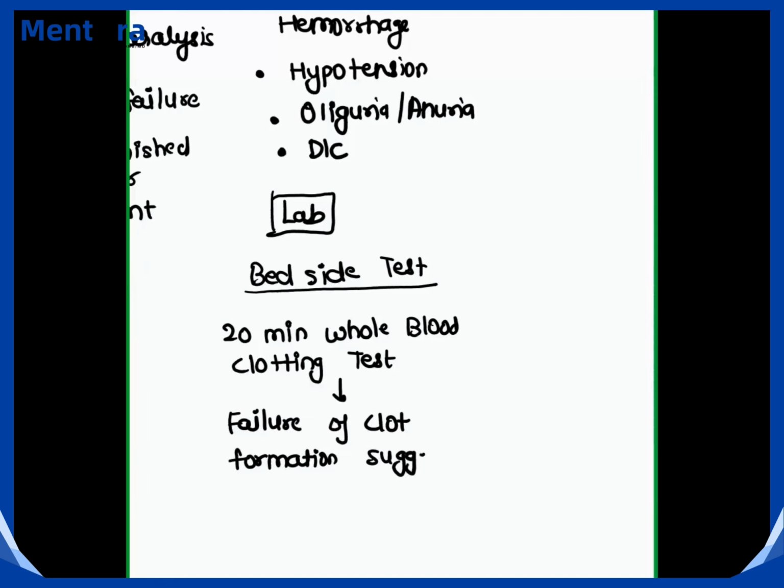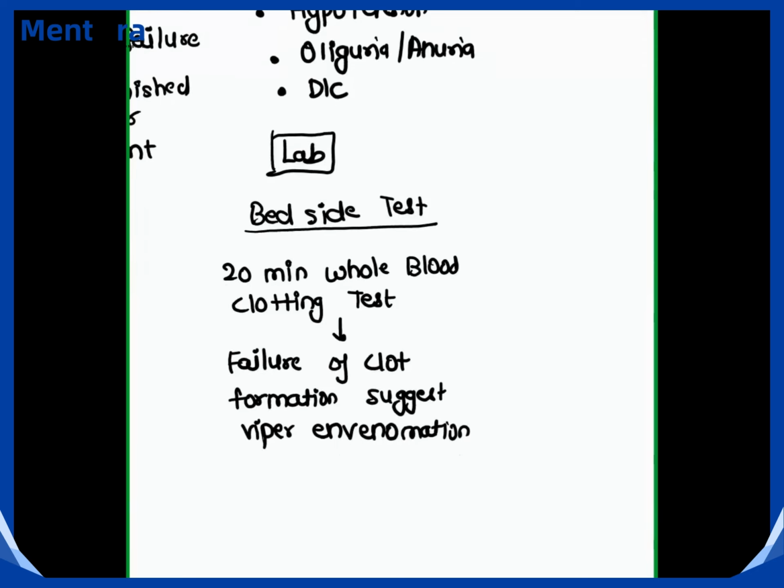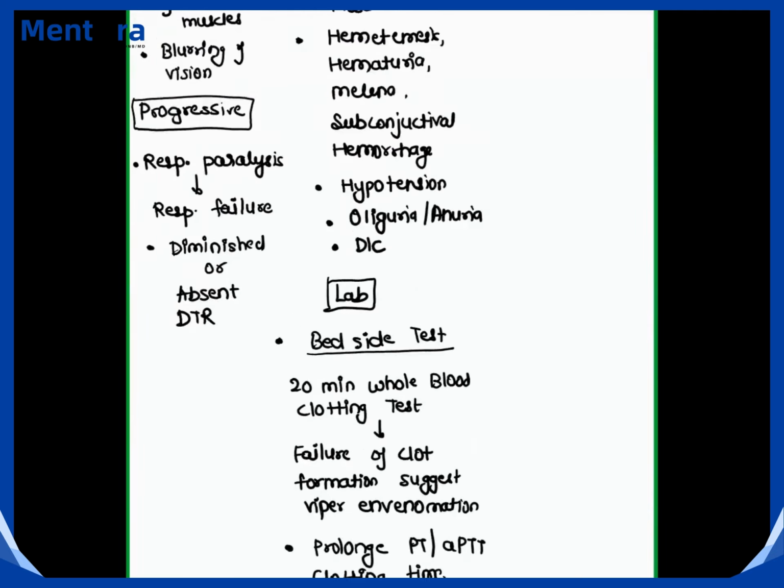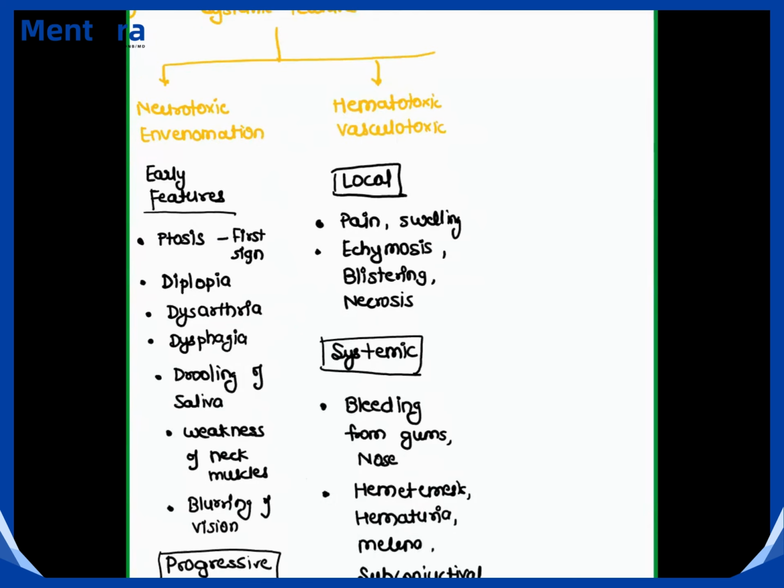It suggests viper envenomation. Other tests: prolonged PT, APTT, clotting time, and decrease in platelet count. These are the features of hematotoxic snake.